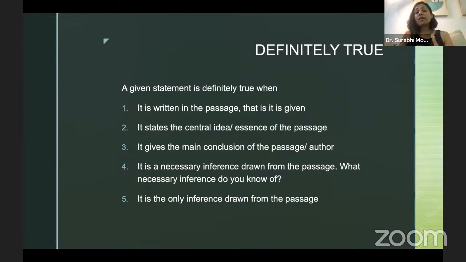If it opposes the main conclusion, it's definitely false. If it opposes a necessary inference, what was the necessary inference that I told you about? Assumption. So if it's opposing the assumption, then it's definitely false. And anything opposite to this would make it a definitely false answer.